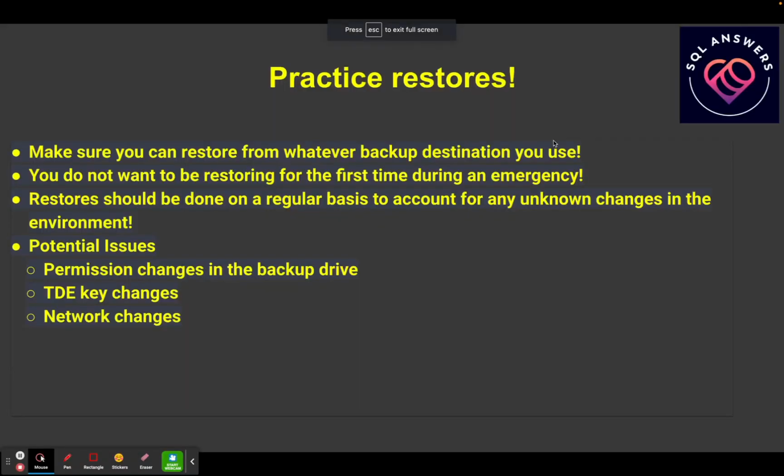The next thing I want to point out is it's really important that you practice restoring from these locations. Make sure that wherever you're restoring to, it's a backup destination that you're able to get to, and you have the permissions. You don't want to be doing this for the first time during an emergency. So practice these restores. Restores should be done on a regular basis to account for any unknown changes in the environment, because you might lose permissions to a drive and not know it.